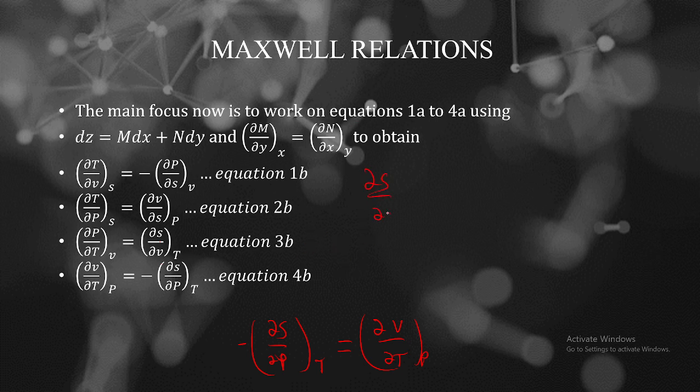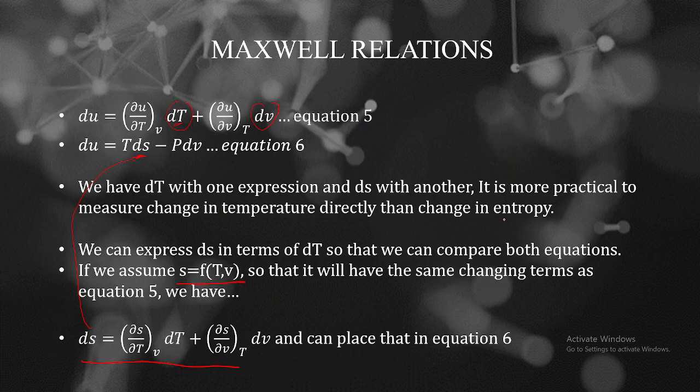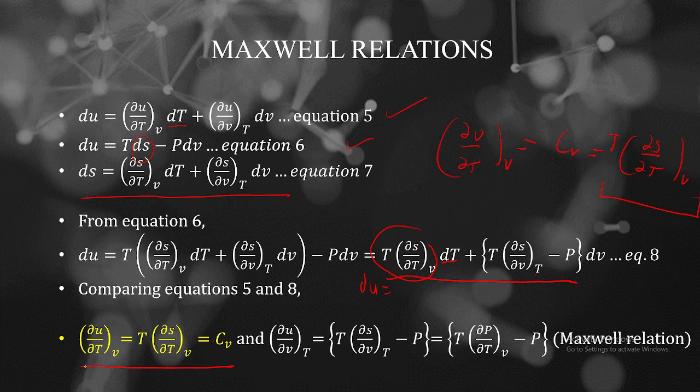We can't use any Maxwell expression to change the ∂S, because once again, we don't want to be working with entropy; we want to work with things that are more practically easy to measure. So we can't get a Maxwell relation for this, and that's why we end up using Cv over T. We'll see the essence of all of that as we go on. We can put this on hold for now, but it's something important to keep in mind.